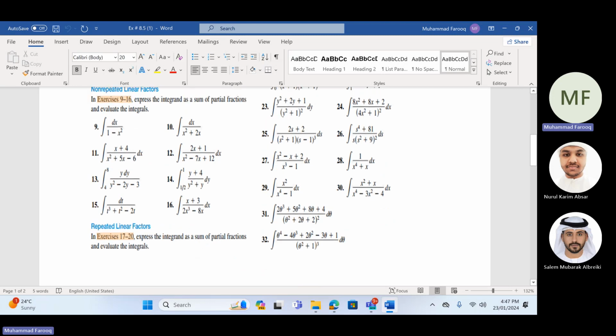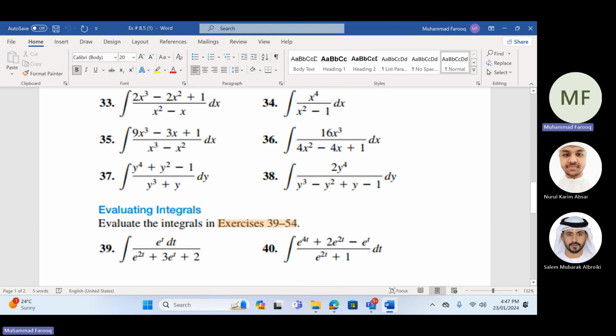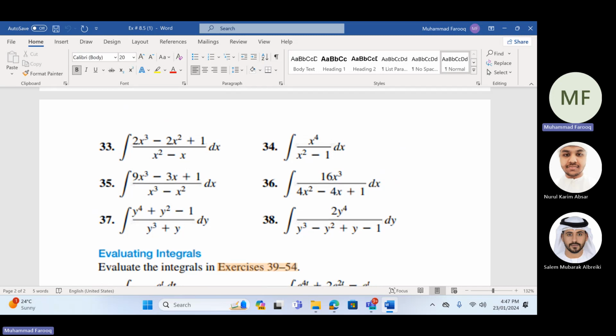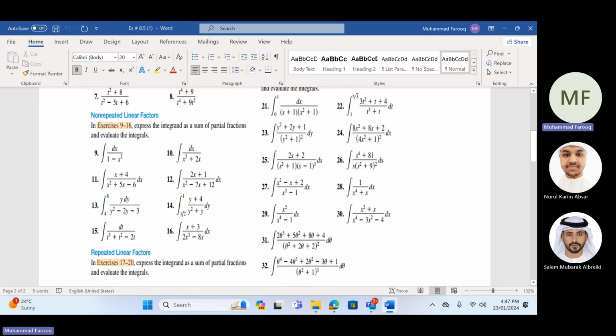If the power of the denominator is 2 and the numerator is power 3, it is improper. So here, 33 to 38, you can see now, all are improper, because up is more than down, which is not proper. So here you first do long division, then you apply that.